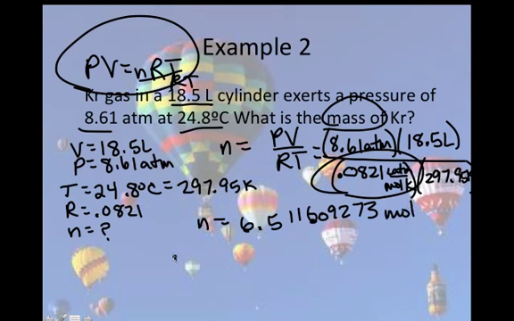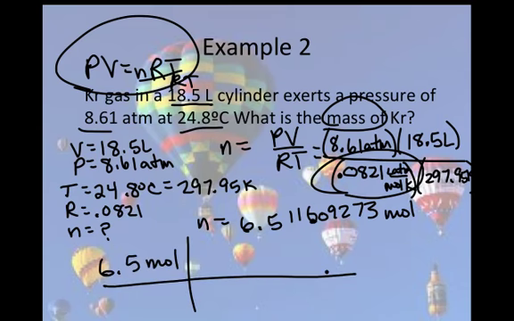We're going to have to change this into grams though. So I'm going to need to use the molar mass. Changing moles to grams. 83.798 grams per mole. So that means 1 mole has a mass of 83.798 grams for krypton.